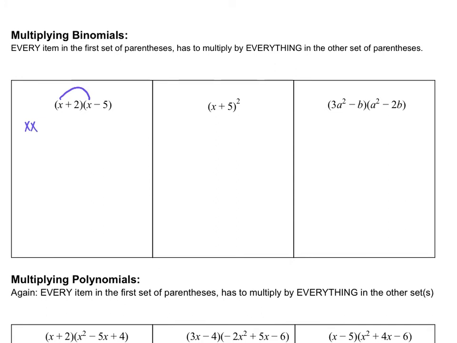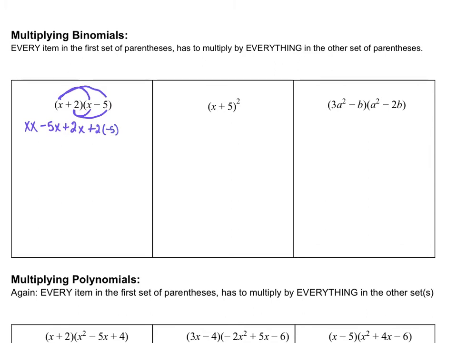So x times x. And I also need to take that x and multiply it by that minus 5. So minus 5 times x. All right, but I still haven't touched that 2 in the first set of parentheses, so if I distribute that, I get plus 2x, and then distribute that 2 to that minus 5, plus 2 times negative 5.